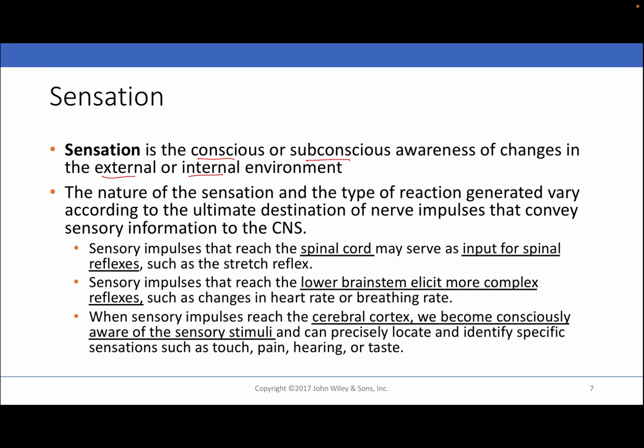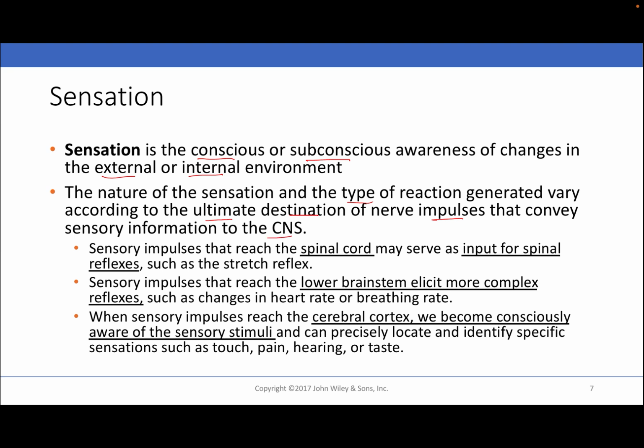And so the nature of sensations, as well as the type of reaction that is going to be generated as a result of these sensations, does vary widely depending on a couple of different things. But the main thing is going to be the final destination of where that nerve impulse is going to be sent to within the central nervous system.